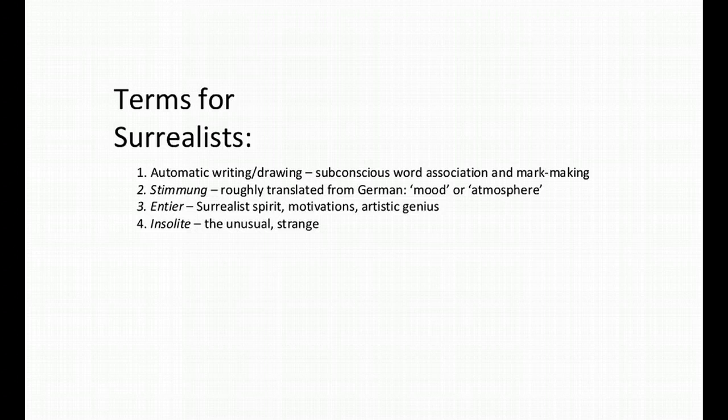So it's subconscious word association and mark making. Think of Paul Klee. Stimmung, roughly translated from German to mean mood or atmosphere. If you think back a few slides to Ernst's two children threatened by a nightingale, that would be a Stimmung of a nightmare. It's the threat or the mood of a nightmare.